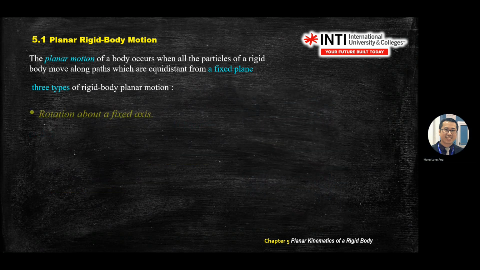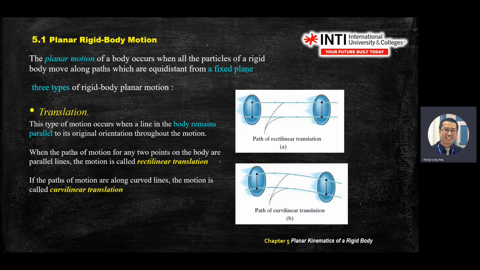So identify the 2 basic motions of translation. Translation moves in a plane and in line form. When you connect the 2 points, it moves in line form, same as chapter 1: a linear, rectilinear motion with a straight line, and a curved motion.